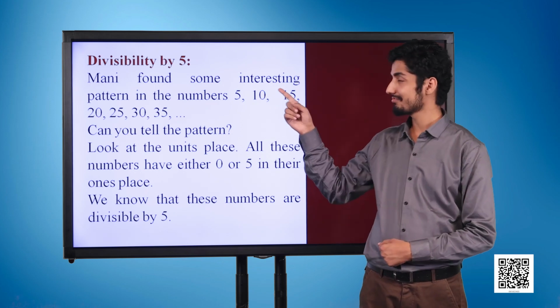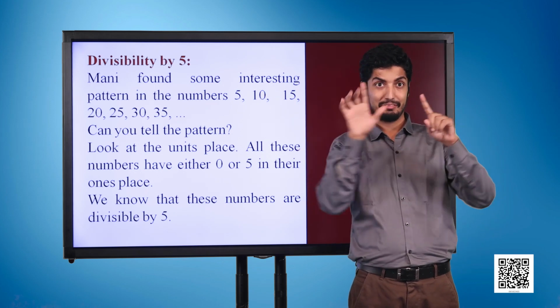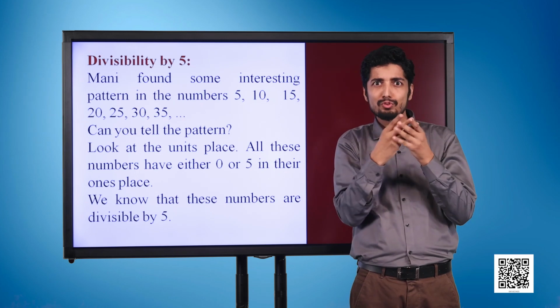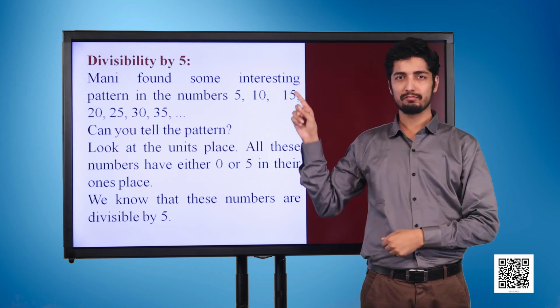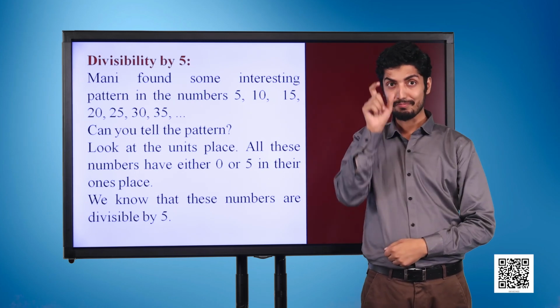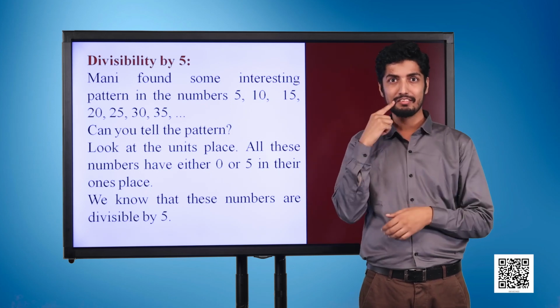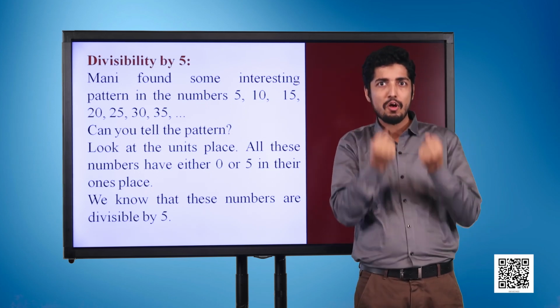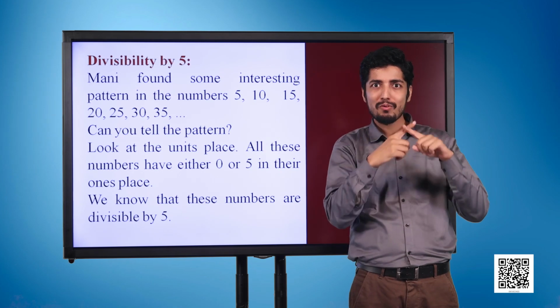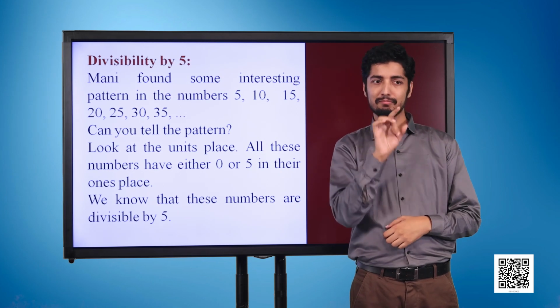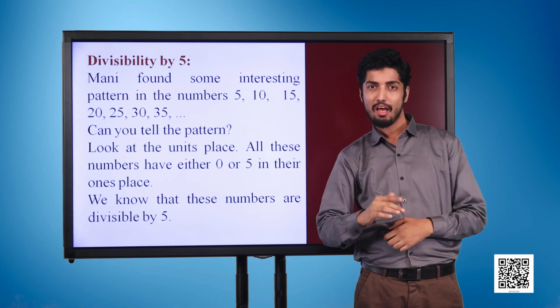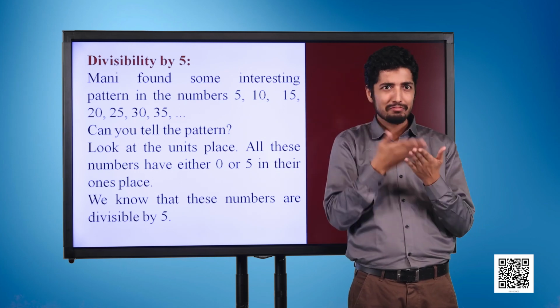Divisibility by 5. Munni found some interesting pattern in the numbers 5, 10, 15, 20, 25, 30, 35, and so on. Can you tell the pattern?